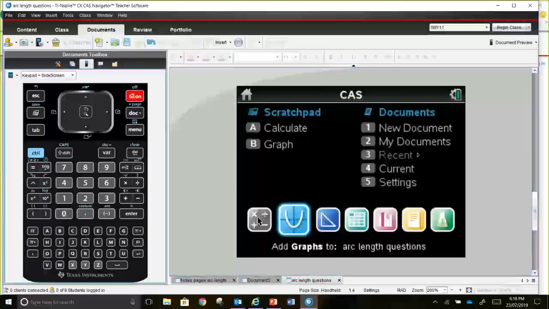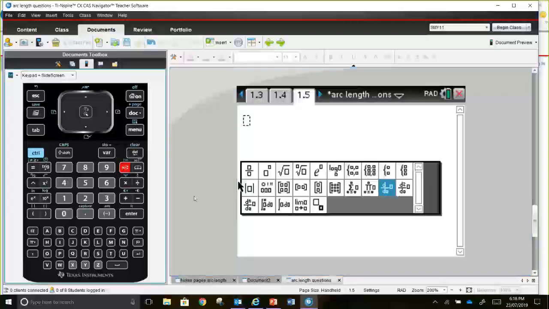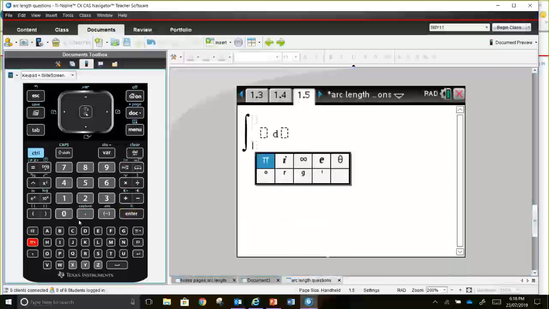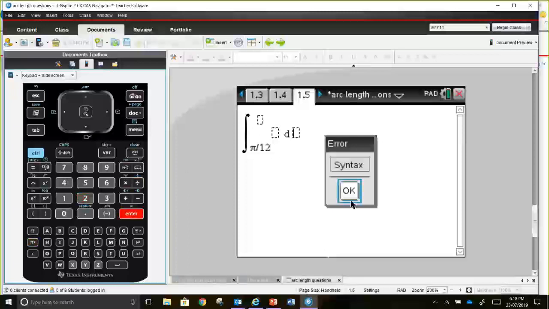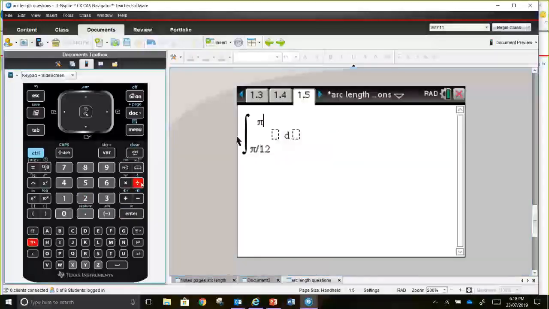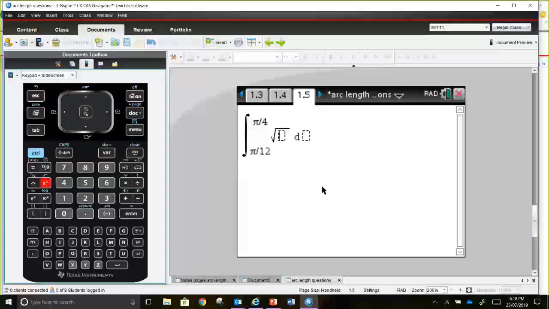Now if we go to the calculator screen, we need to enter the formula for the arc length, which is a definite integral, from pi on 12 as the lower limit to pi on 4 as the upper limit. If you remember the formula, we need the square root of dx/dt squared plus dy/dt squared.